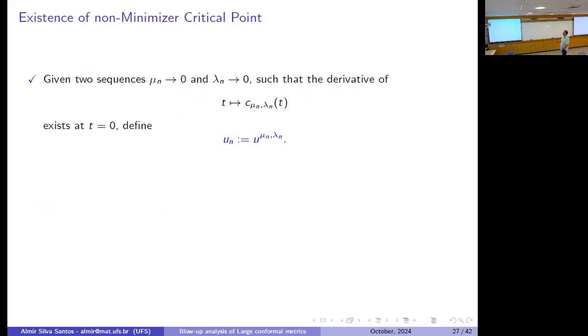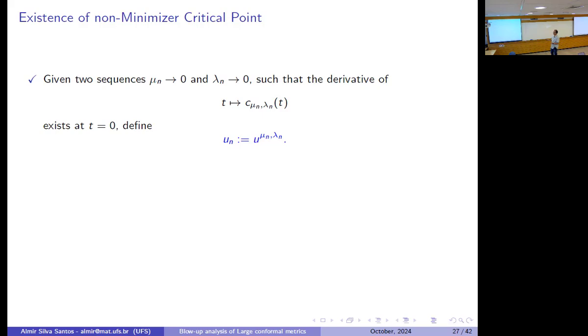Let's see, okay. So take two sequences of parameters, mi n and lambda n, such that the derivative of this function exists at t equal to 0. Remember, this is a non-increasing function, so it is possible to choose these two parameters.